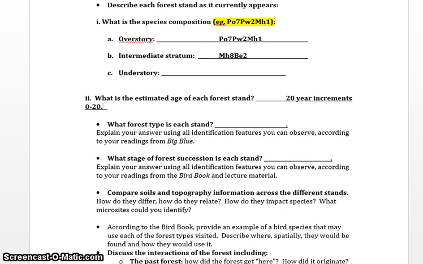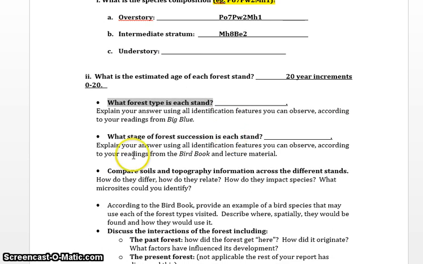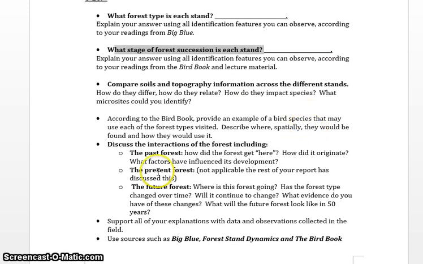You use Big Blue for the forest type, what the forest type is, what the forest succession stage is. And again, with both of these, you're trying to prove with the evidence that you see from the forest and to justify why it is this successional stage and why it is this forest type.